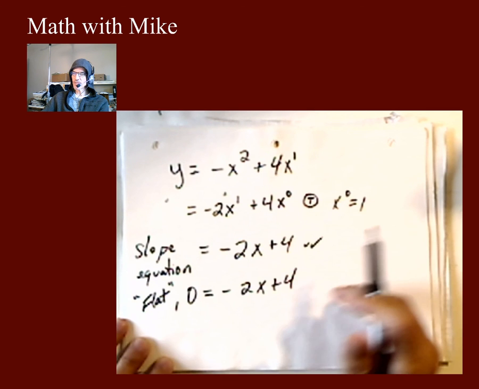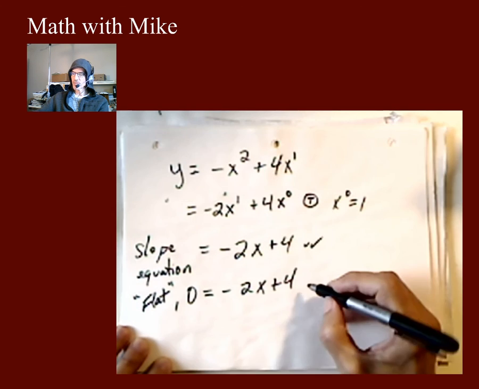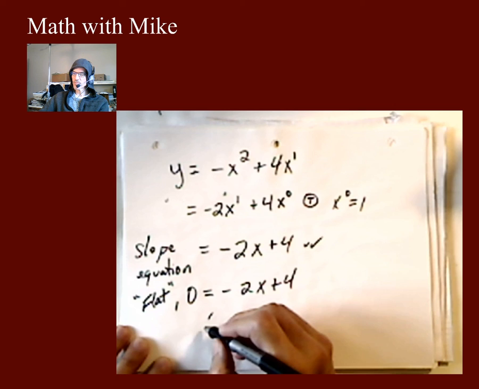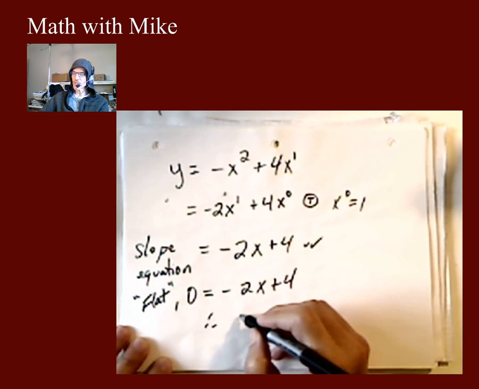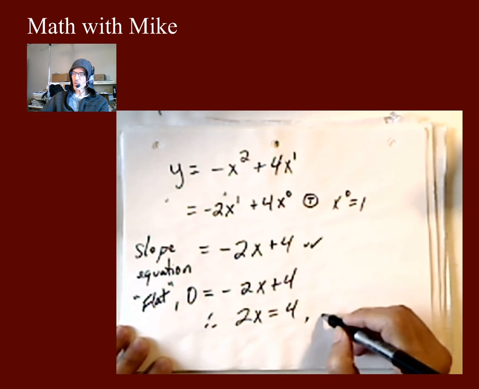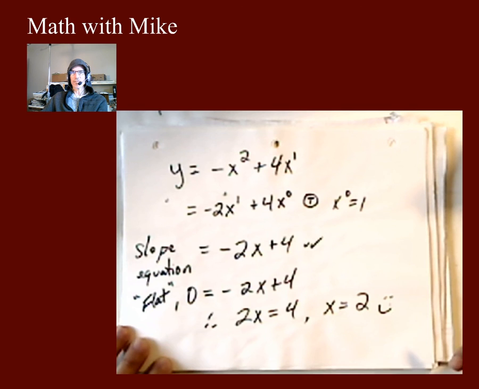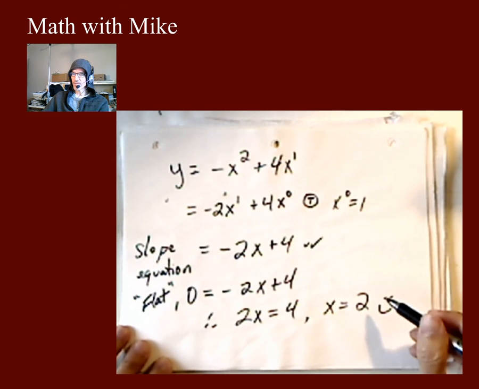And now you have this to solve. So now 2x goes over to that side. 4, you work it out, and what do you get? You get the value that we saw ahead of time. That x is equal to 2.